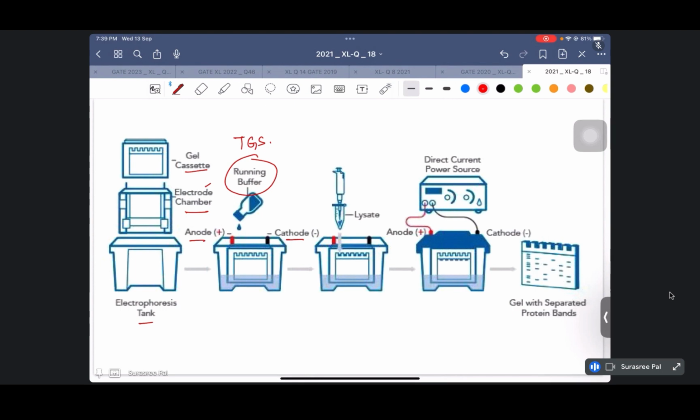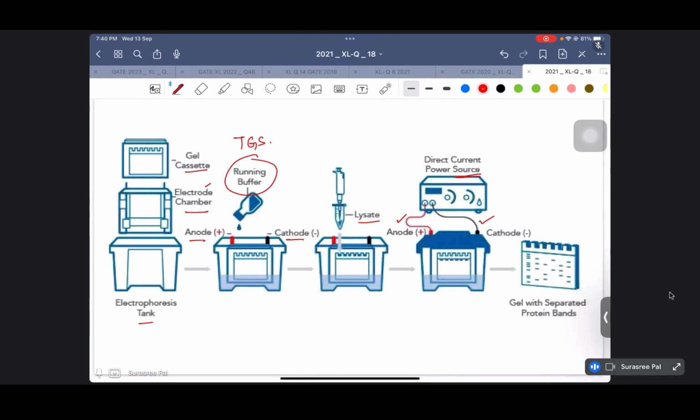After putting this whole setup in the buffer, you add the sample. This can be different types of sample. It can be a cell lysate, a purified protein, it can be anything. You put the samples in those wells, right? And then you attach these electrode leads, the wires, to the power source.